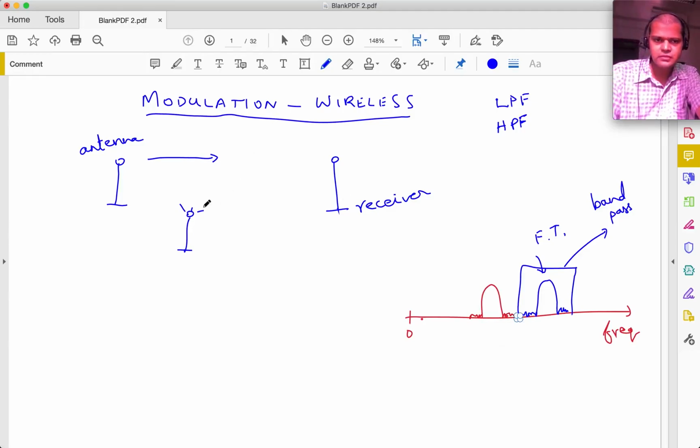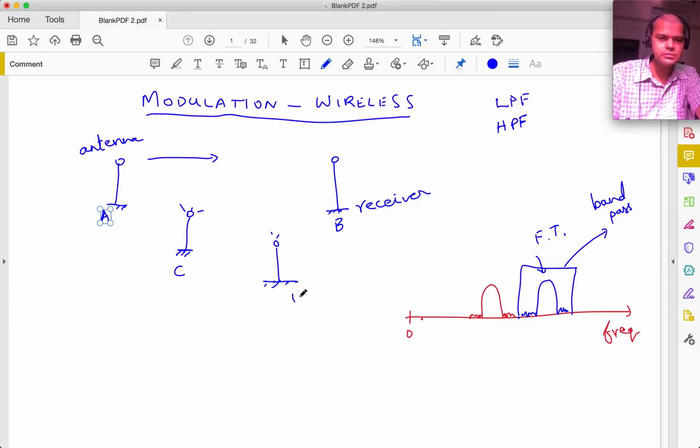Okay, so for each receiver, suppose this is A who's transmitting to B, and this is C who is transmitting to D. I'm just saying these are antennas.